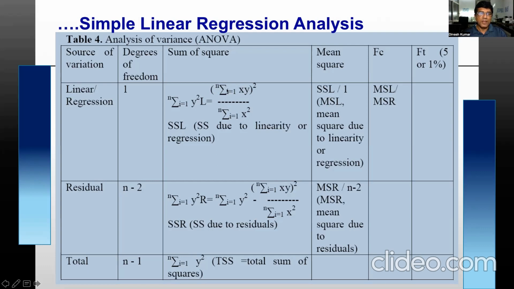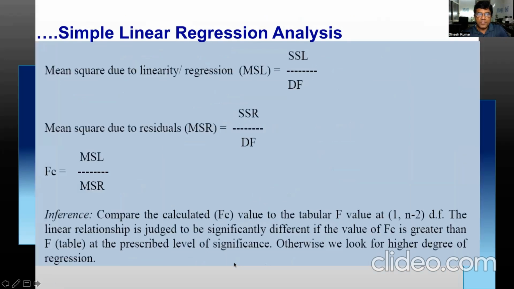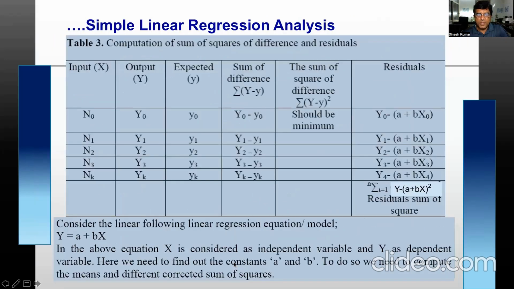So this is for calculating sum of square for regression. And then you know the total sum of square. See the bottom row. Total sum of square is summation y square.